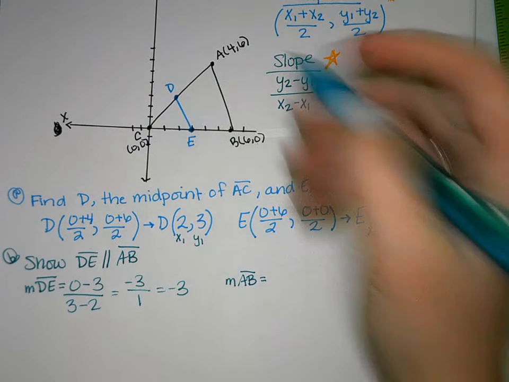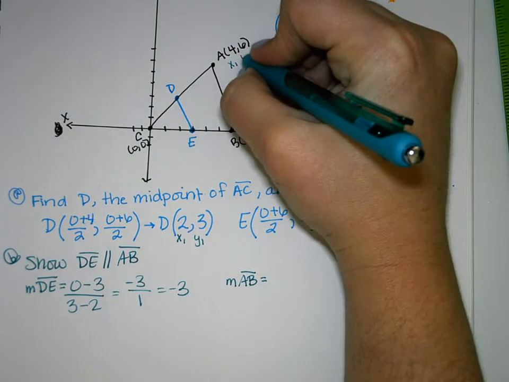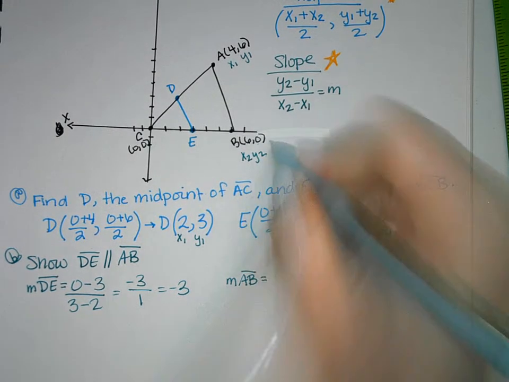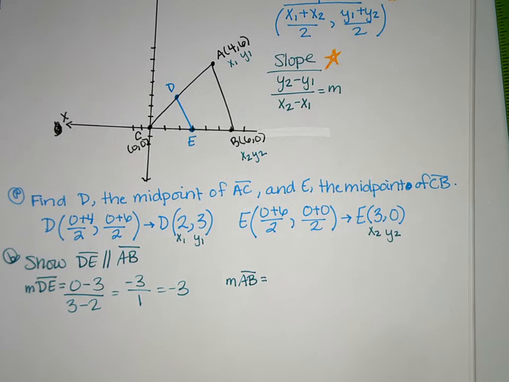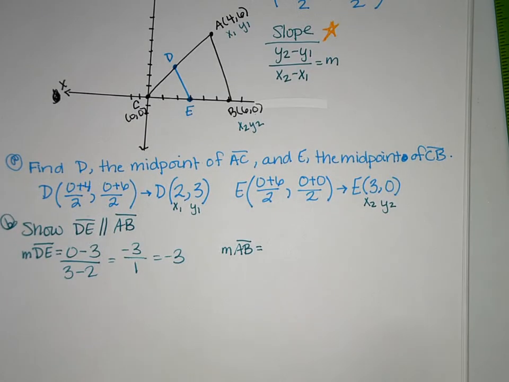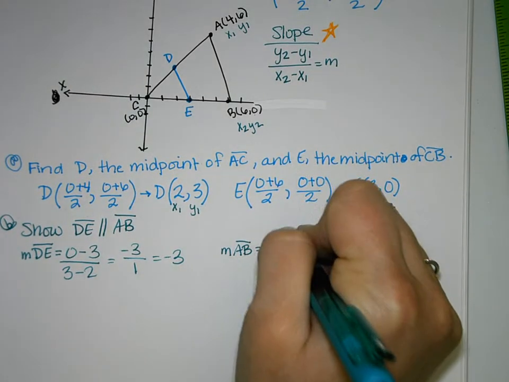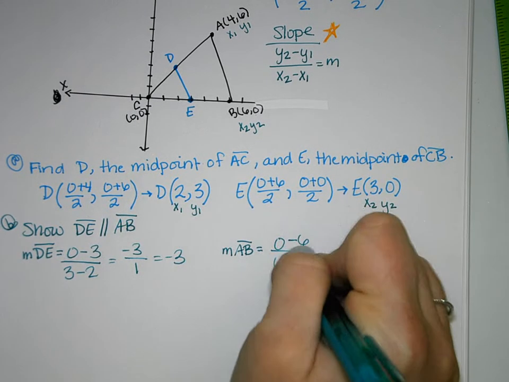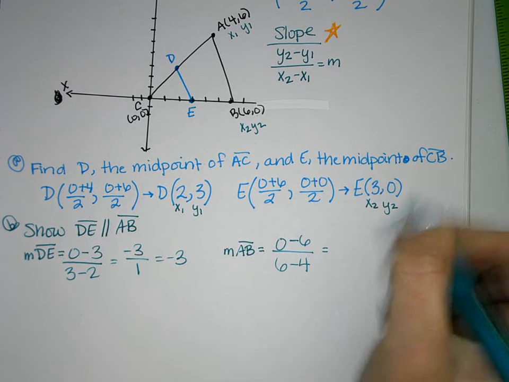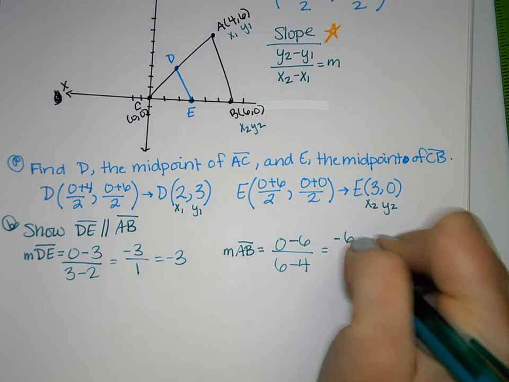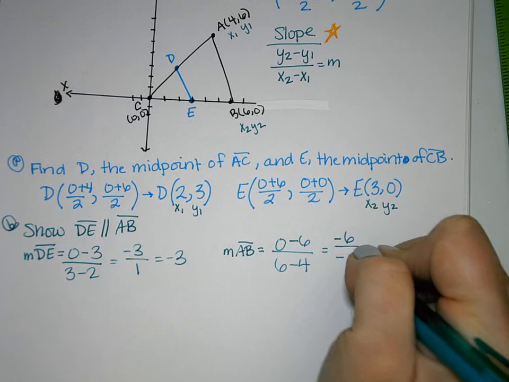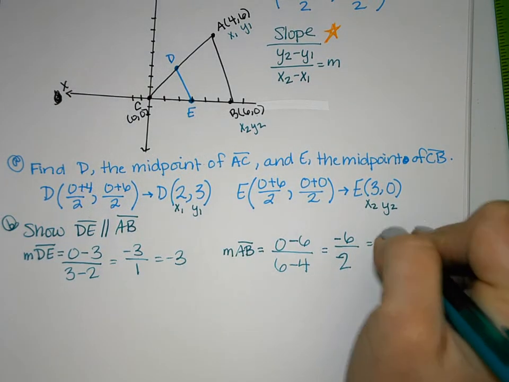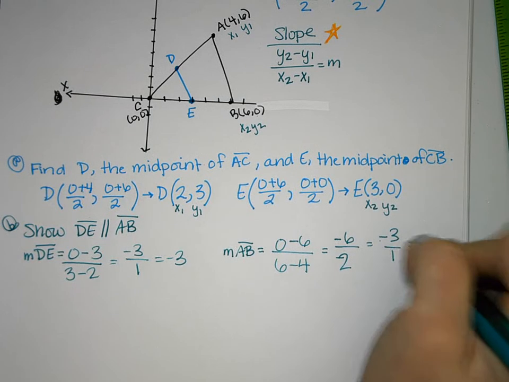I'm going to call A x1, y1, and B x2, y2, so that when I plug it into the formula, I'll have y2 minus y1 over x2 minus x1. On top, I'll have negative 6. On the bottom, I'll have positive 2, which reduces to negative 3 over 1, or negative 3.